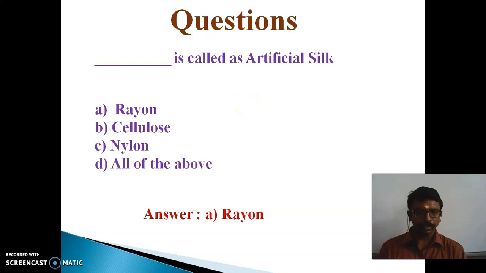Okay, children. Up to this session, we have discussed three synthetic fibers. The first one is rayon, the second is nylon, and the third is polyester. Rayon is synthesized from wood pulp. It is a naturally existing compound, so we can call it a semi-synthetic fiber.